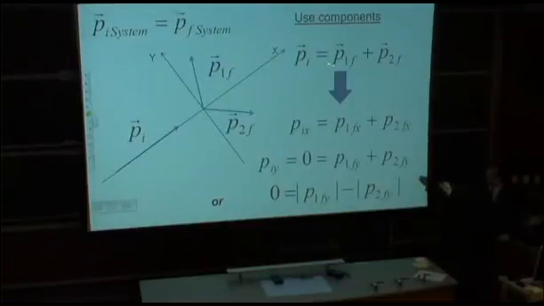Now here we have three momenta. It doesn't matter if we have to use three letters F or three letters P. Mathematics doesn't change. So we always can choose two axes, x and y, and write components relative to those axes.